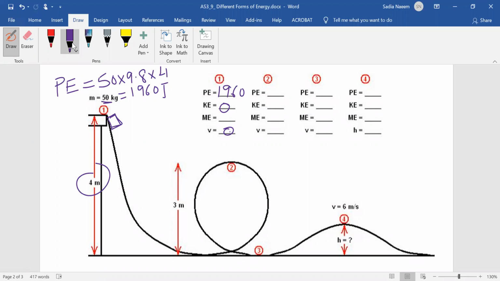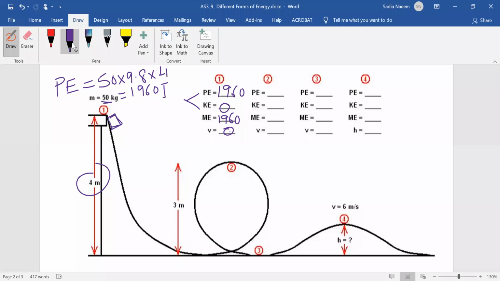What about the mechanical energy? That one we'll just do it together. Mechanical energy is the sum of KE and PE. You add those two and you get 1,960. Law of conservation of energy tells us that if there's no external force acting on a system, and there isn't one, there's no friction or air resistance here that we're told about, then the total ME should be the same.